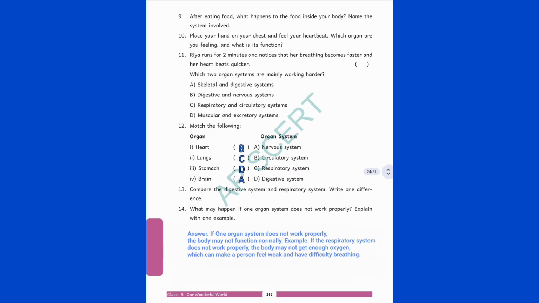Answer: if one organ system does not work properly, the body may not function normally. Example: if the respiratory system does not work properly, the body may not get enough oxygen, which can make a person feel weak and have difficulty breathing.